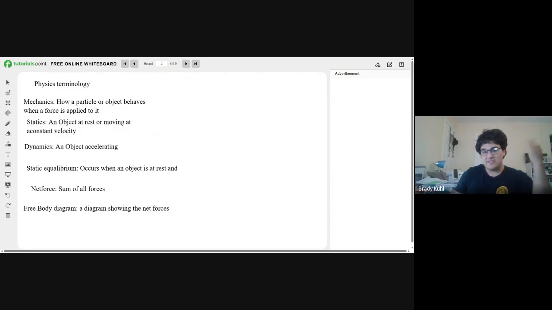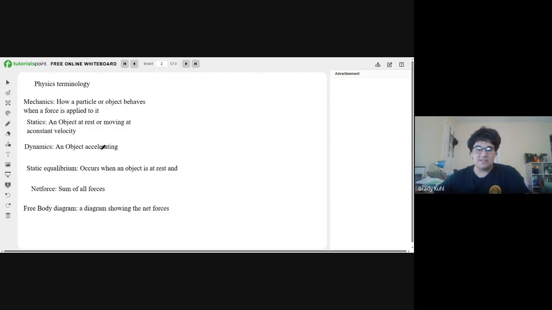When acceleration is zero, by Newton's second law, the force is zero. Even though it takes a certain amount of force to get something moving, technically the net force will be zero, meaning it will have no acceleration.